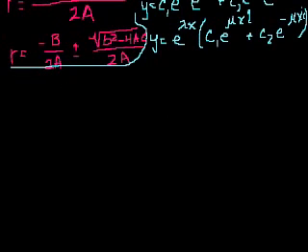I'll write that in purple. That e to the I theta, or we could write e to the ix, is equal to cosine of x plus I sine of x.